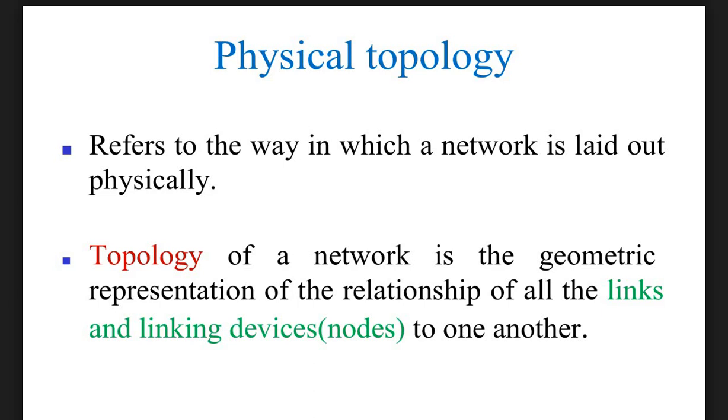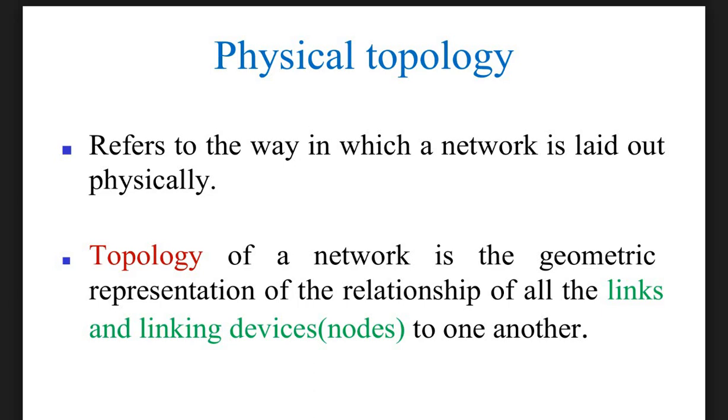Physical topology refers to the way in which a network is laid out physically: how we set up our computers, how they are connected, how the cables are wired. All this comes under physical topology. The topology of a network is a geometric representation of the relationship of all the links and the linking devices, or nodes as we also call them.